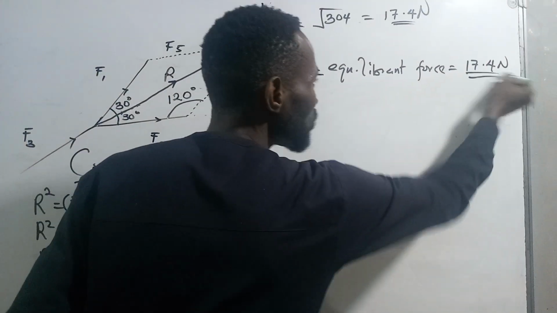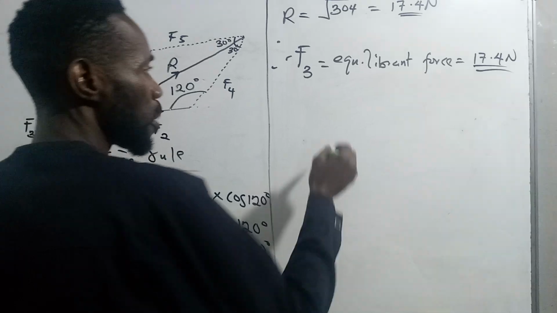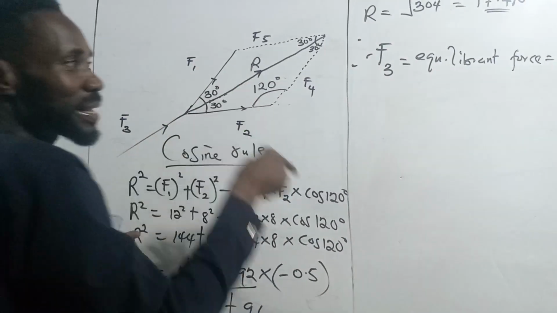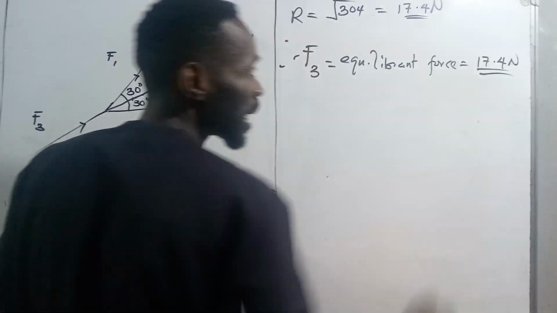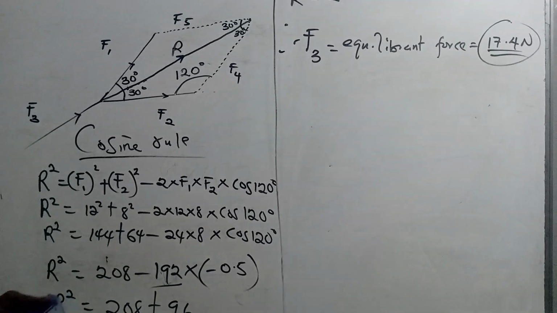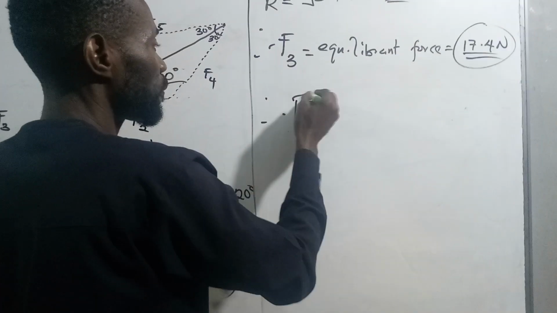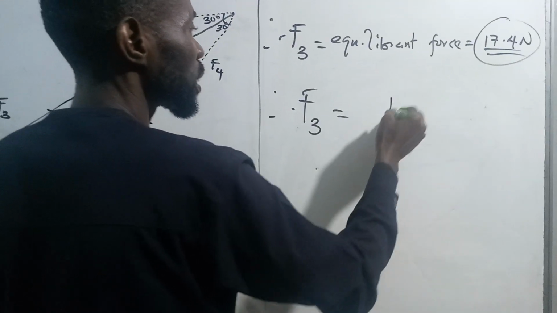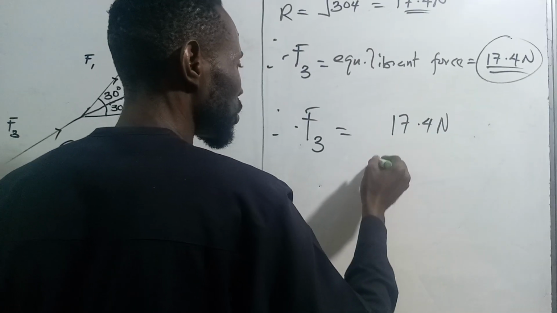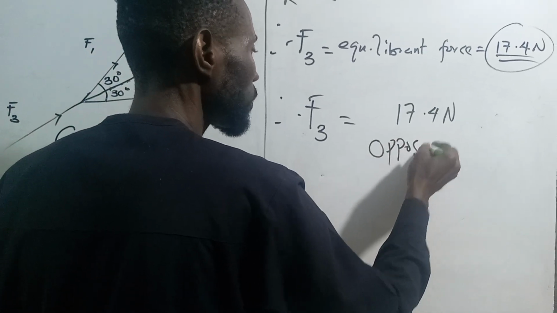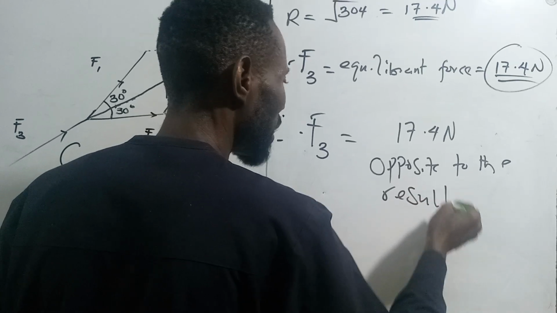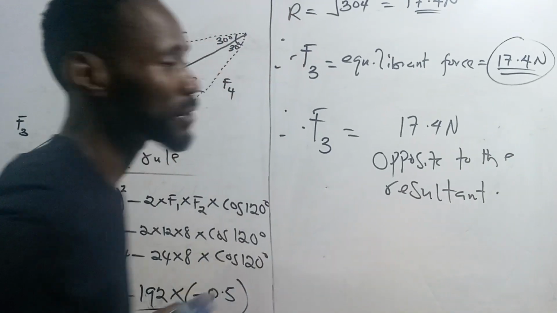Since it is the direct opposite, we can just put the minus sign, but we should understand that the value we have there is 17.4 Newton. So F3 is equal to 17.4 Newton in the negative direction, opposite to the resultant. That is the value of our F3.